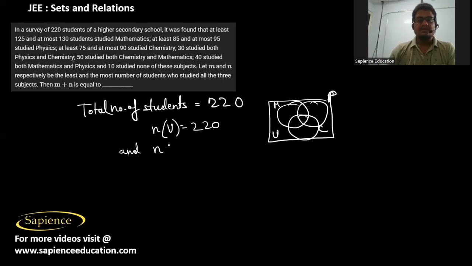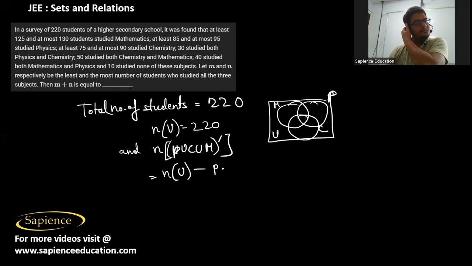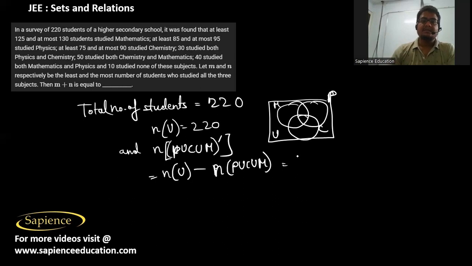The number of students who studied none of the subjects is n of (P union C union M) whole complement, which means it is n of U minus n of P union C union M. That is given as 10.